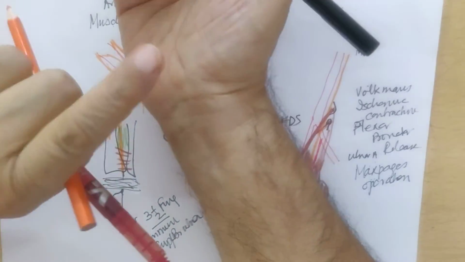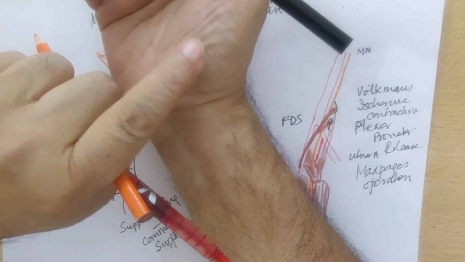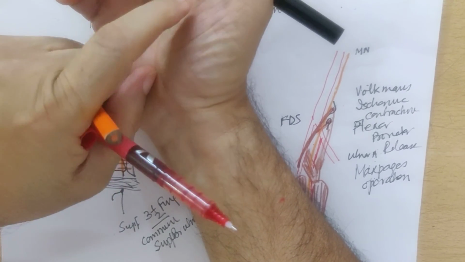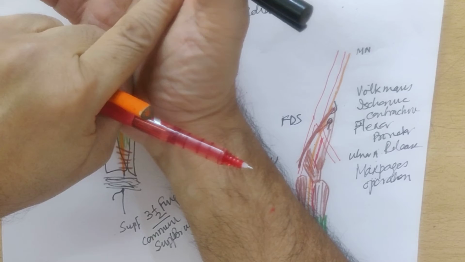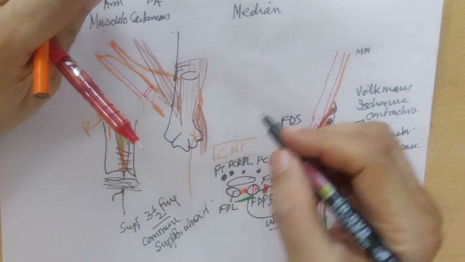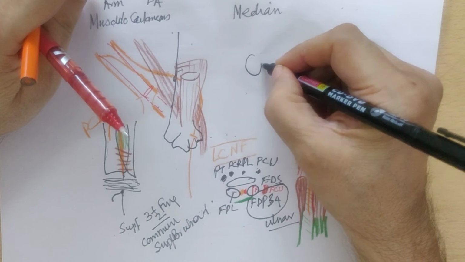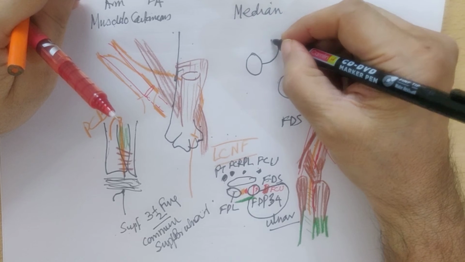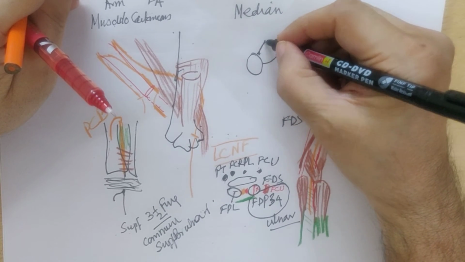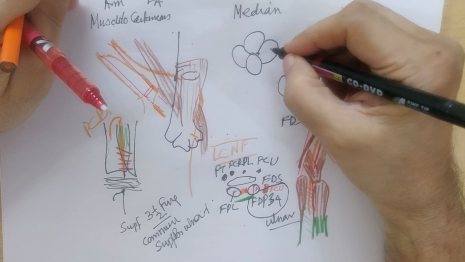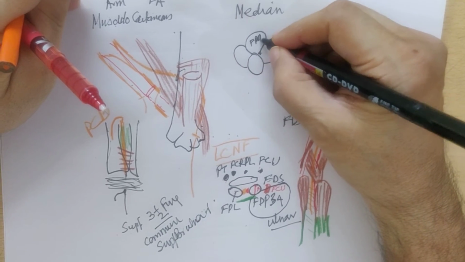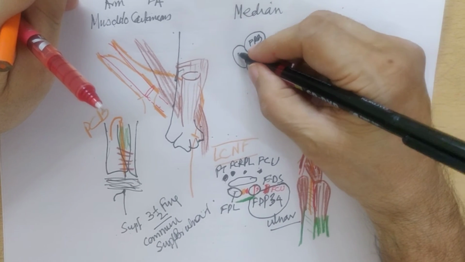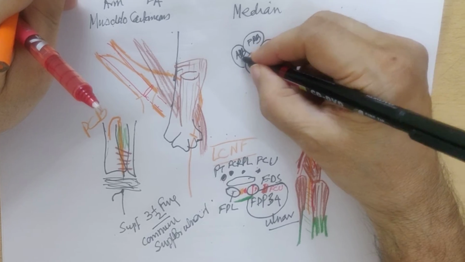The deep branch would pass between abductor pollicis brevis and flexor pollicis brevis, pierce the opponens and supply the first and the second lumbricals. So if I make the first metacarpal here, the second here, and I make the opponens, flexor and abductor, flexor pollicis brevis, opponens, here is the adductor, and this is abductor pollicis brevis.